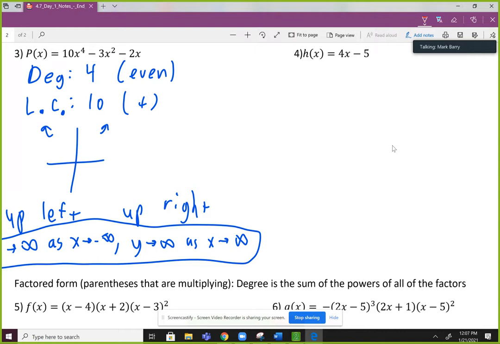All right, let's do one more of this type. And like I said, we're gonna learn something a little bit different. Okay, so number 4 here. So for this one, the degree is kind of tricky. I think you should know, but it might be a little tricky. It's actually an invisible exponent. Do you guys remember what the invisible exponent is? All right, how about in the chat? Can anybody tell me what the degree is on number 4?